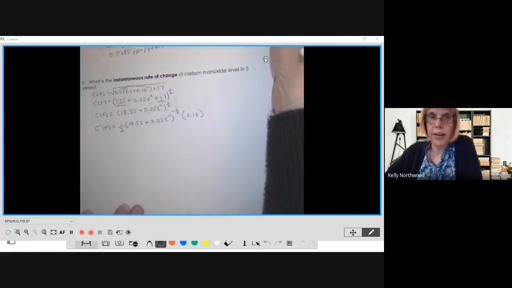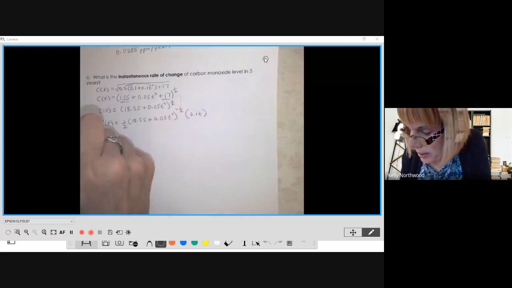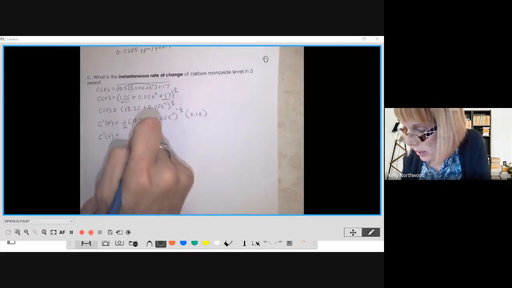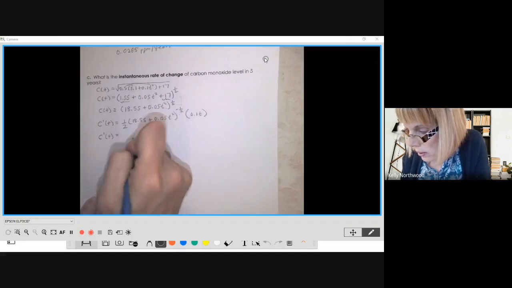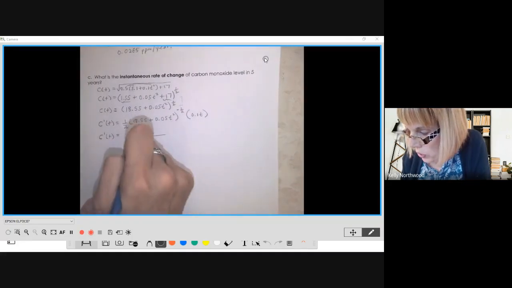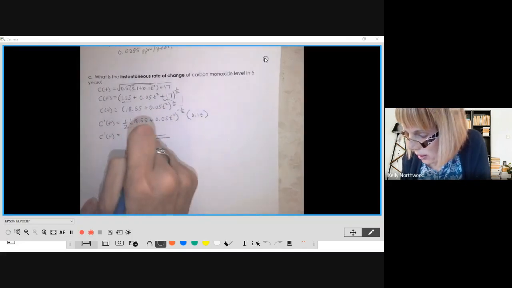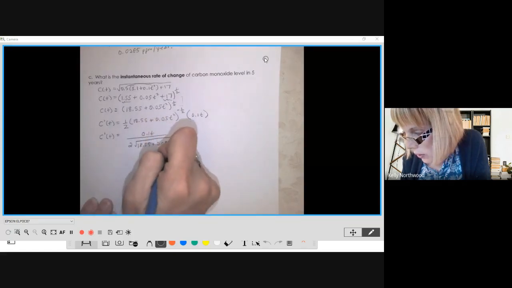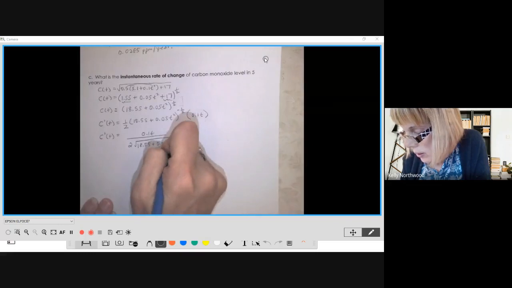Then I'm going to write it nicely so that it's easy to substitute my number: 0.1 t on top, and 2 root 18.55 plus 0.05 t squared in the bottom.